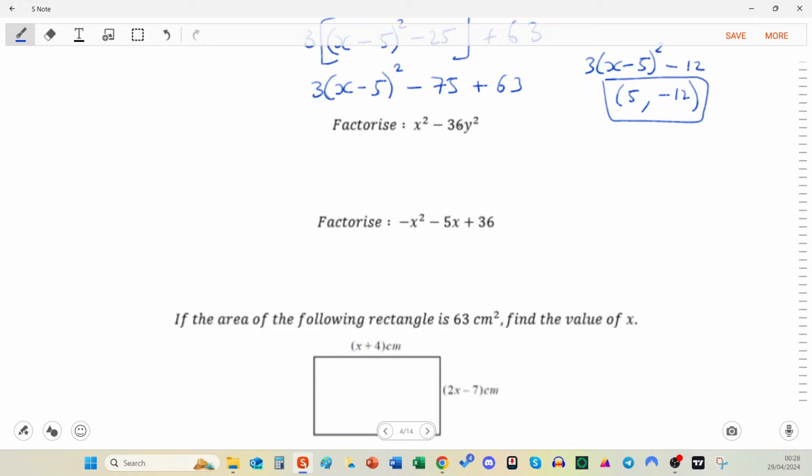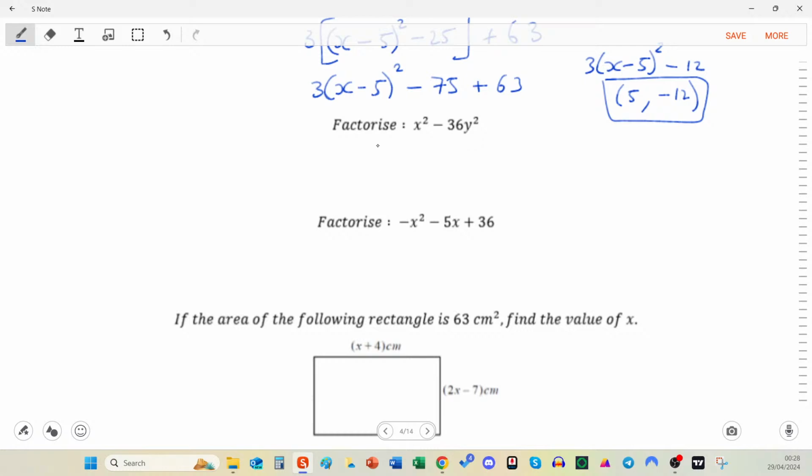Right, factorize. If you didn't realize, this is a what is it? Difference of 2 squares. So this is x squared. That's definitely a squared number. And this is 6y all squared. Okay? So it's definitely 2 numbers being squared.